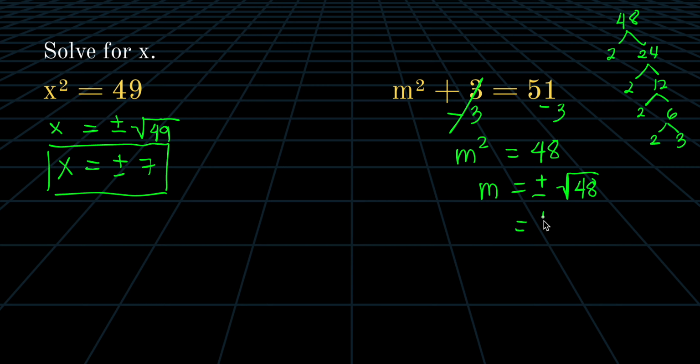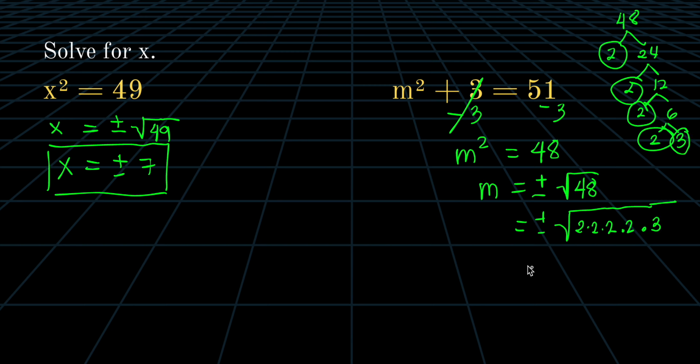It basically changes the 48 here, our radicand, into these prime numbers. How many 2s? We have 1, 2, 3, 4. So 2 times 2 times 2 times 2 times the other one, which is 3. Go ahead and check if you want to verify.